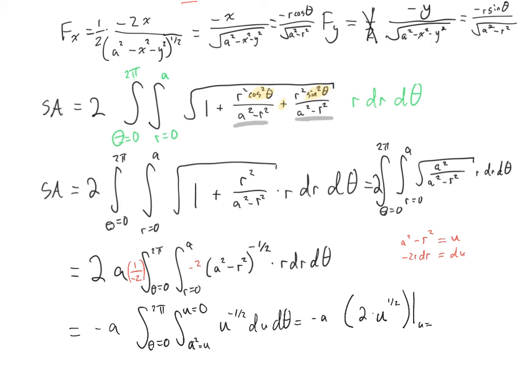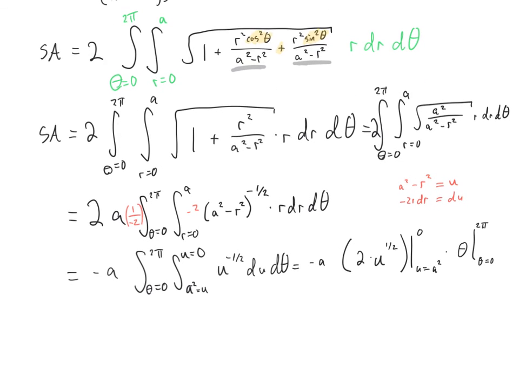So the u integral gives me u to the 1/2 times 2. The derivative of that is in fact what I wrote. That's good. My minus a out front, u goes from a squared to 0, and then that's going to be multiplied by theta from the d theta, integrated from theta equals 0 to theta equals 2 pi.